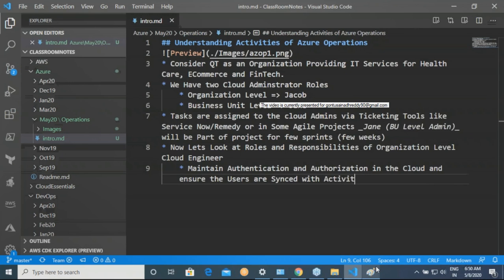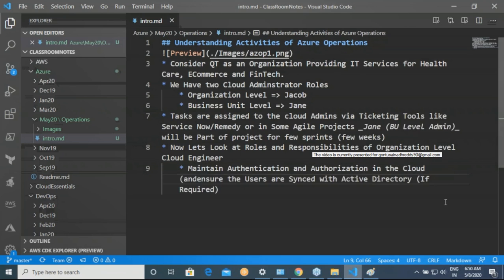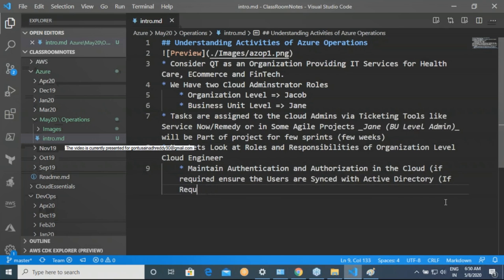Or I'll put it this way, let me not use that term: Active Directory. This might be the case or might not be the case, if required. So this might not be the case all the time because you are dealing with your customers' Active Directory, right? So they might not give it. They might have their own admin or whatever it is.